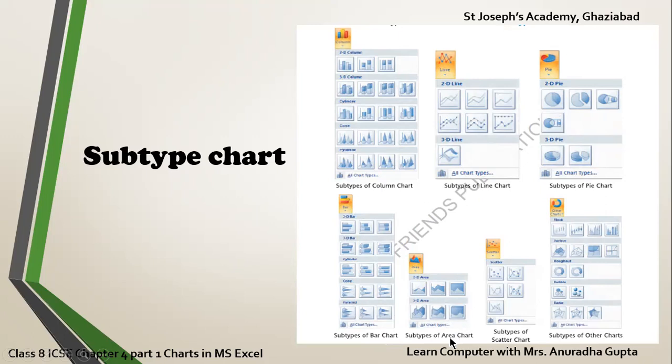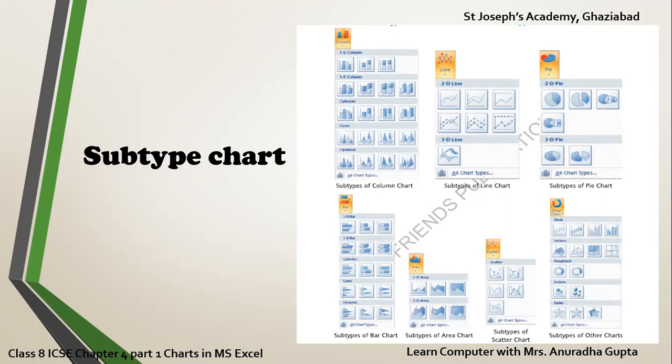Move on to the fifth type of chart, that is area chart. In area chart, we have two subtypes, and that is 2D area and 3D area. Move on to the sixth type of chart, that is scatter chart.